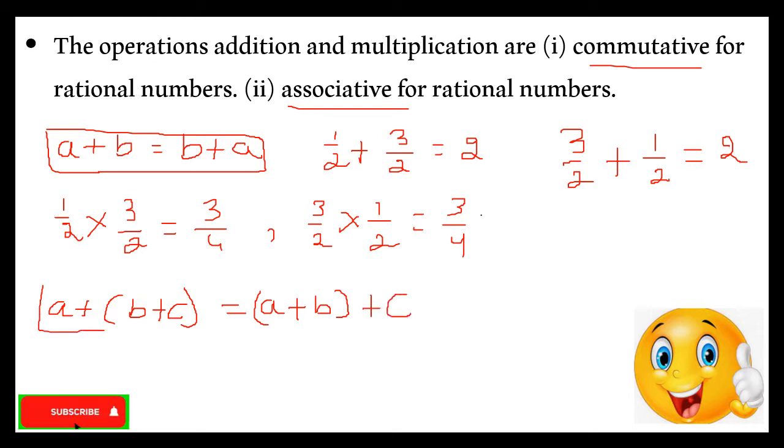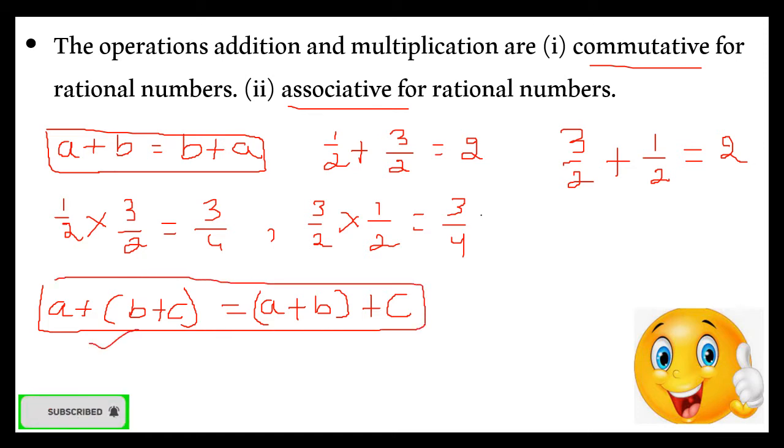The same result you will get in both cases of addition. This is what we call the associative property for the addition of rational numbers.